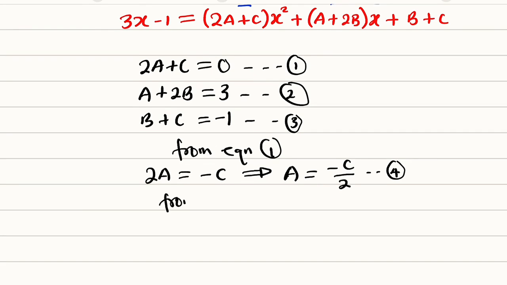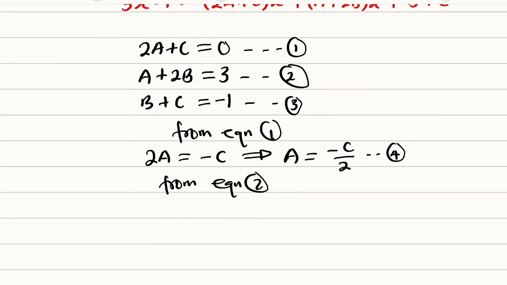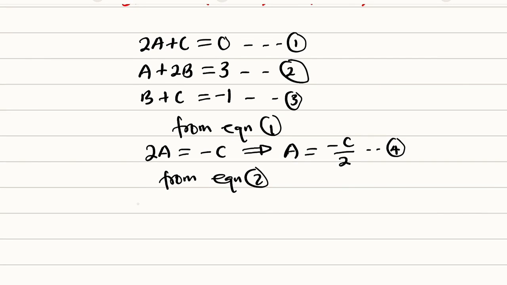So from equation 2, instead of a, we can write -c divided by 2, then plus the second term, which is 2b, and to the right we have 3.